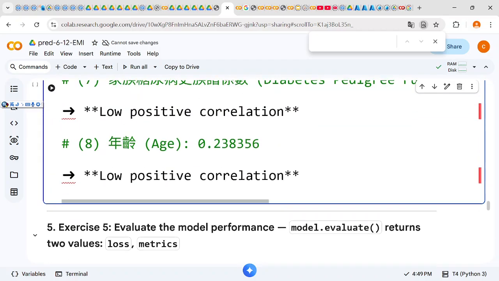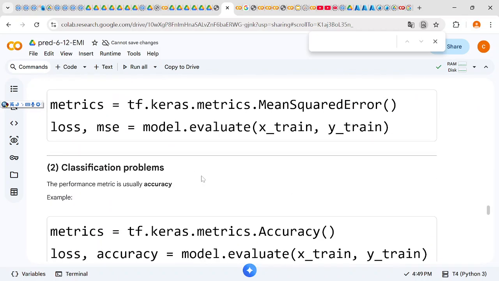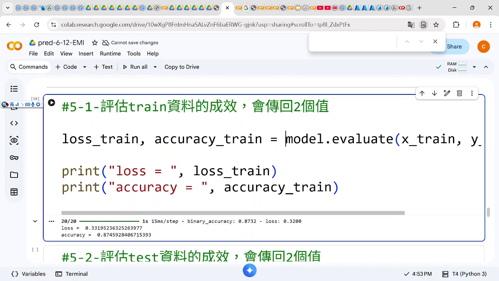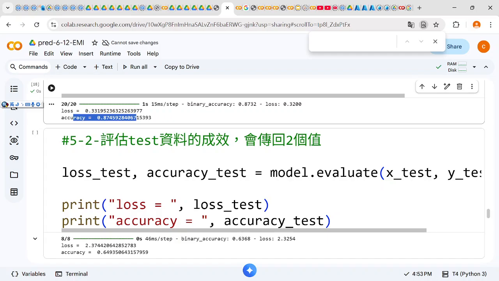Okay, now students, finally we will evaluate the model performance. We output the loss trend and the accuracy trend. The accuracy is like this number.